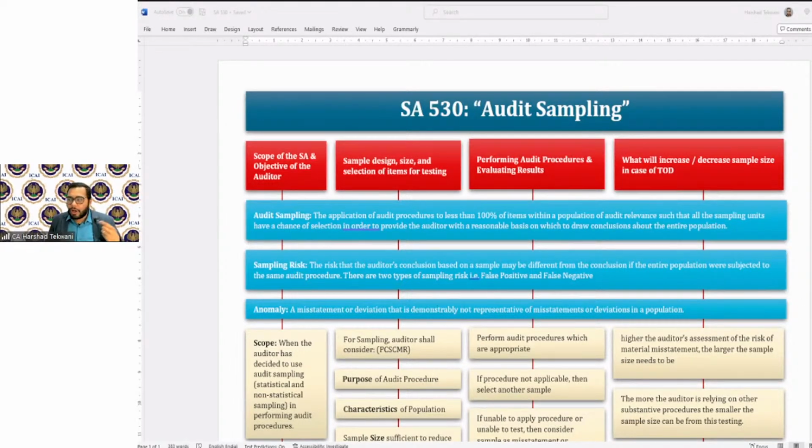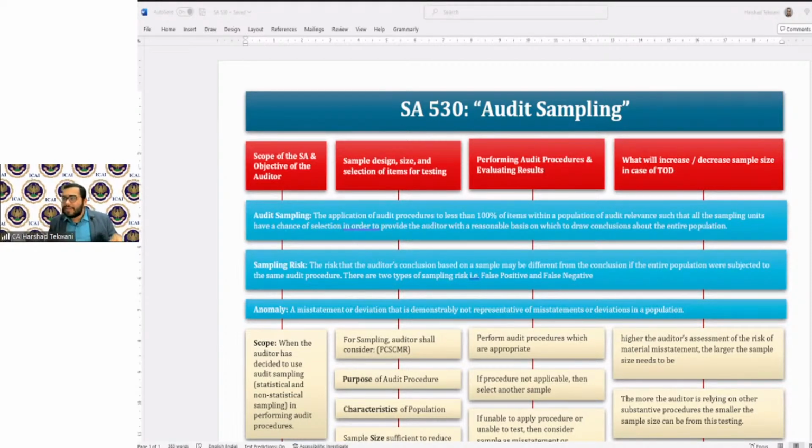When I talk about the scope of this standard, it deals with situations when the auditor has decided to use audit sampling in performing the audit procedures. Means when an auditor decides he will use audit sampling, at that point this standard comes into the picture.